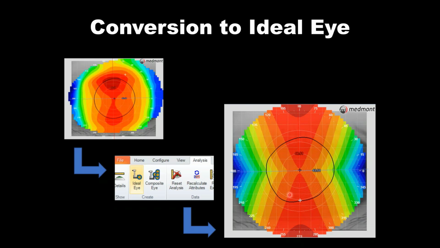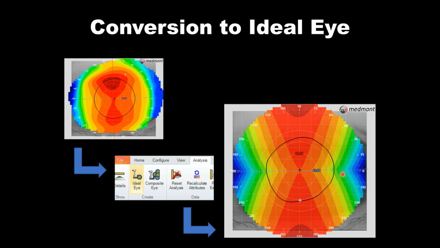One of the things that a topographer cannot predict is where exactly will a lens equilibrate? Where will it settle? Where will it want to naturally position in between blinks? And what Medmont has done is this ingenious analysis called the ideal eye. And what it does is it takes your topography and converts it into a symmetric surface.